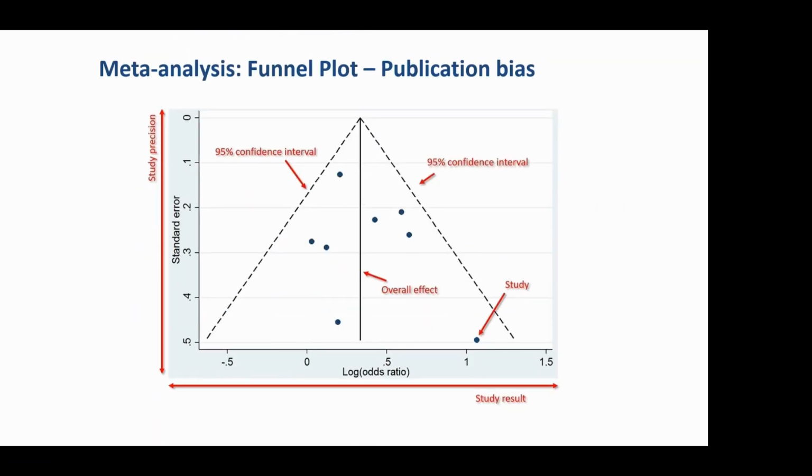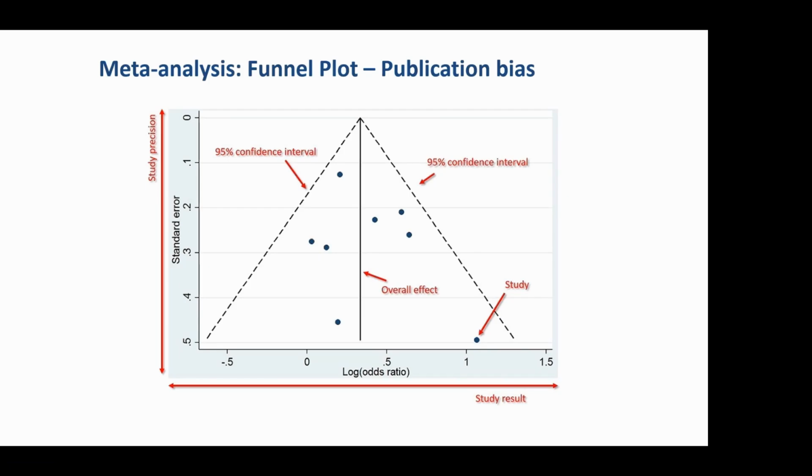This is another important thing. The tool will allow you to understand the publication bias. This is called a funnel plot, and there are also indexes that you can calculate. Basically, it puts together the standard error of the study, which relates to study precision, and the study results.